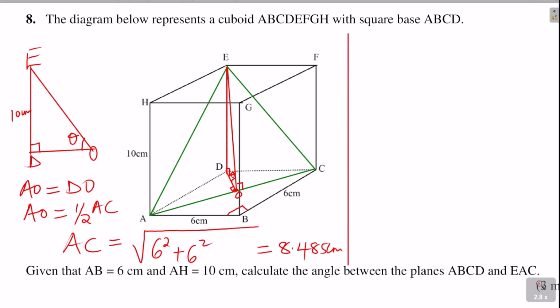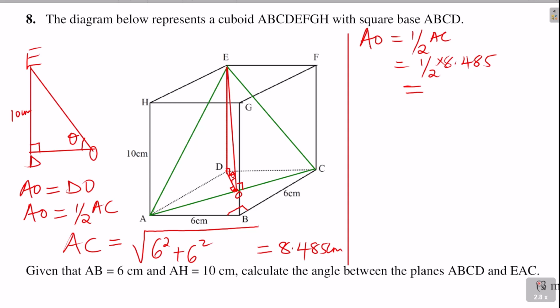So already we have AC. So now getting AO will be easy. AO is equal to half of AC, so this would be given by a half of 8.485.